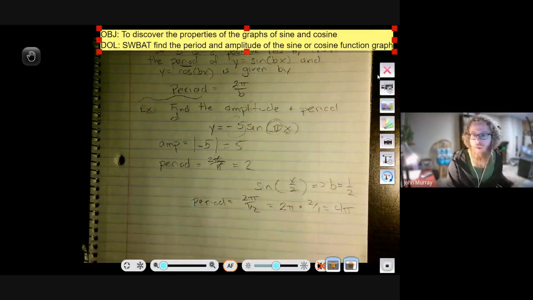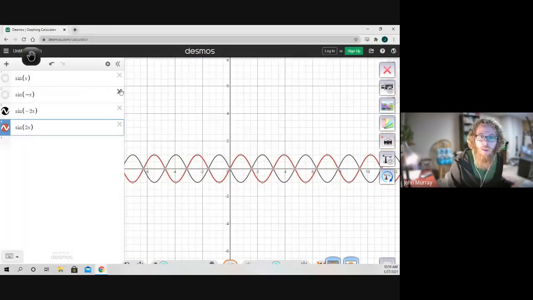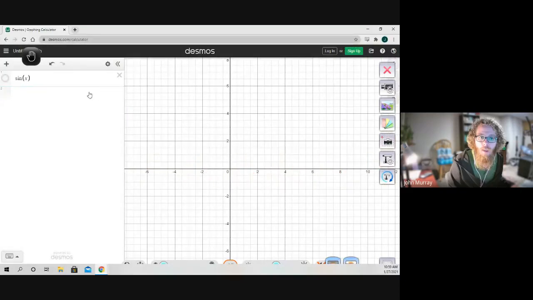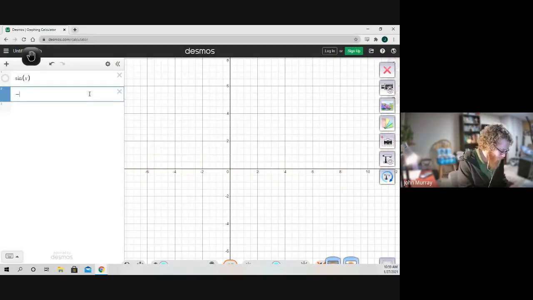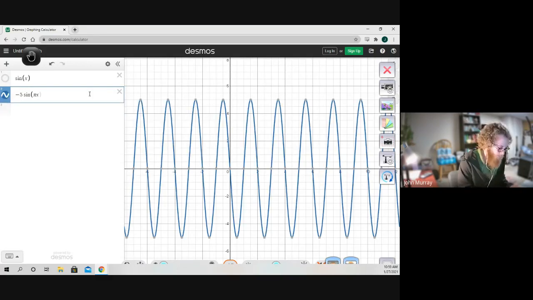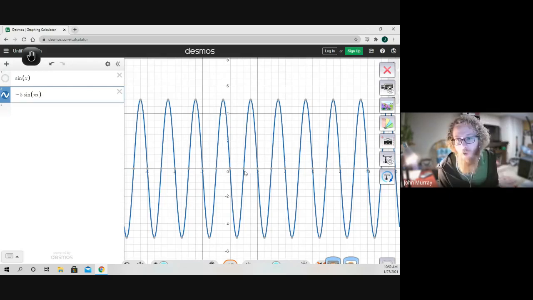But real quick, with the last minute we have, let's take a look at negative 5 sine of pi times x. Here my period is 2, so it's not even involving pi anymore.